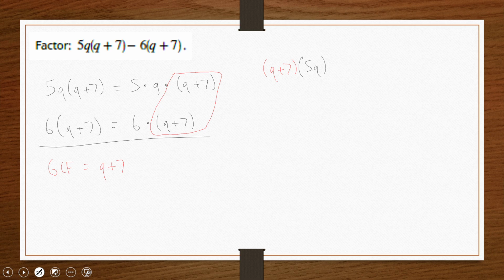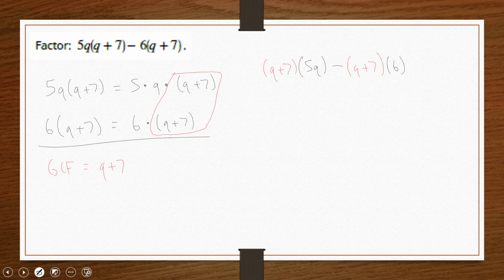I'll rearrange the first term. I have GCF q plus 7 times the remaining factor 5q. And I'm again going to leave my negative sign as it was and find the product of my GCF times the remaining factor, in this case just 6.